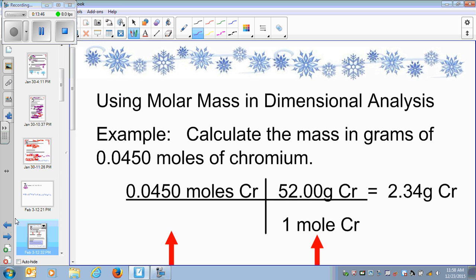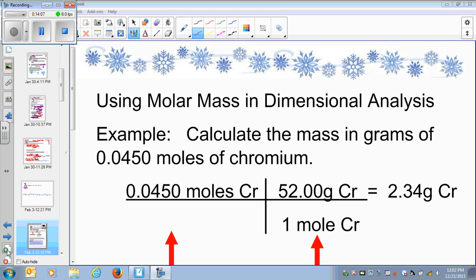The next thing we want to talk about is that 1 mole is equal to the molar mass. Alright, so let's go ahead and take notes on molar mass as well. 1 mole is equal to the molar mass of any element that you get from the periodic table.